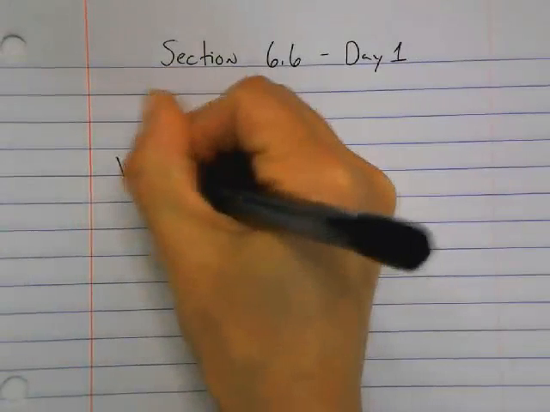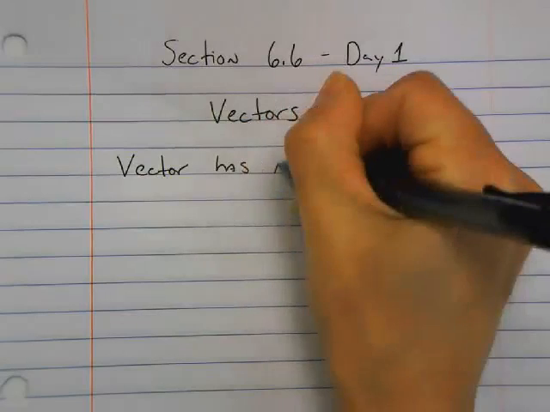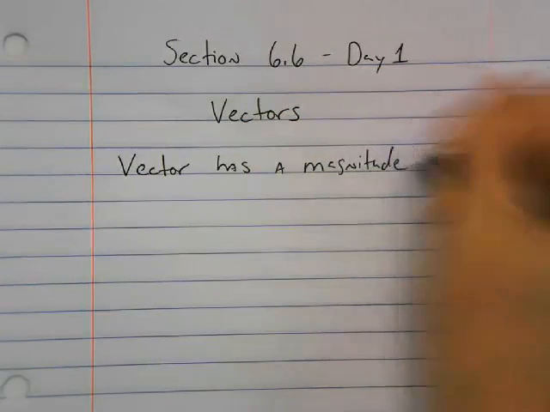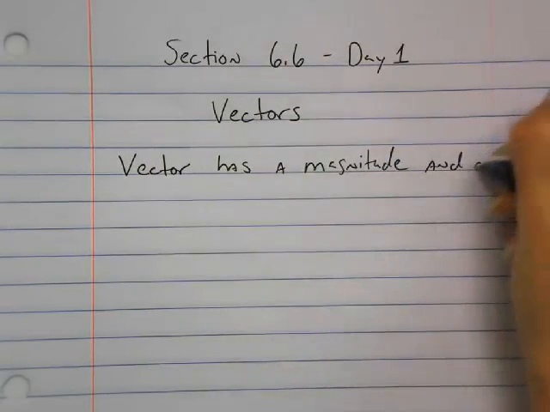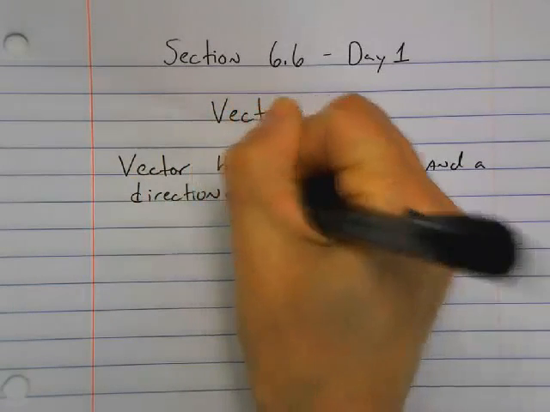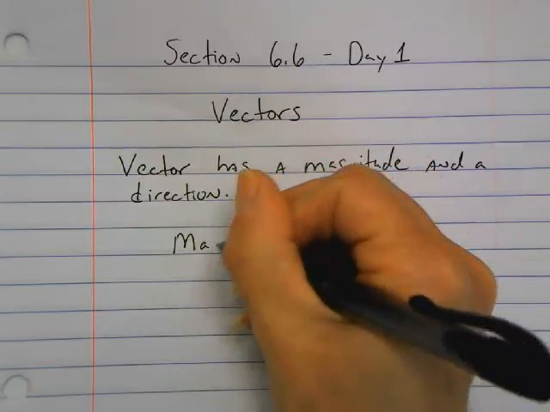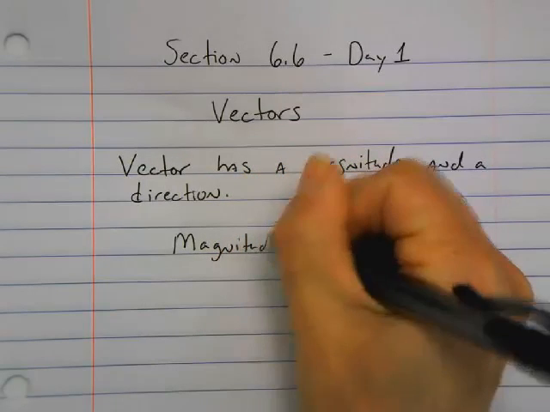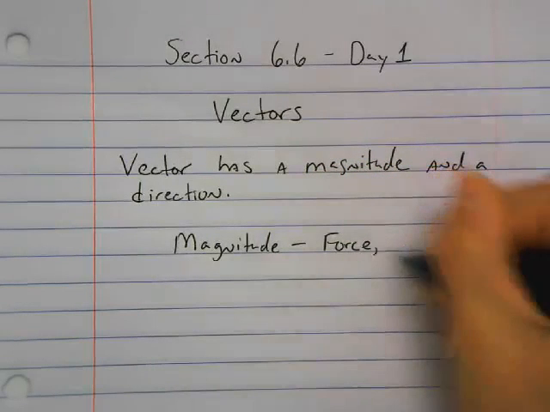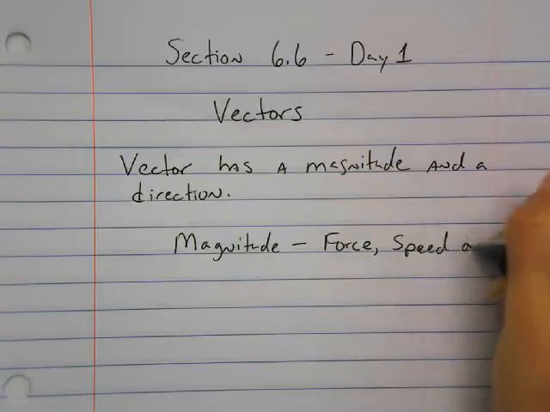Okay? So a vector has a magnitude and a direction. Alright, and let's define magnitude: magnitude is the force, the speed, or the length.